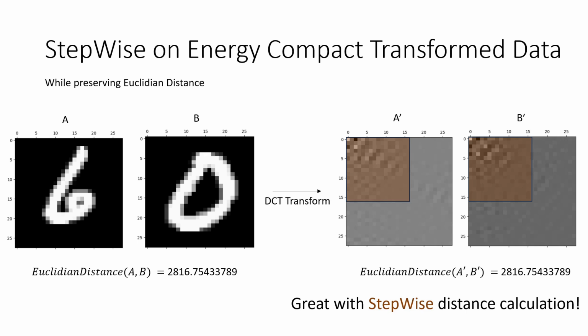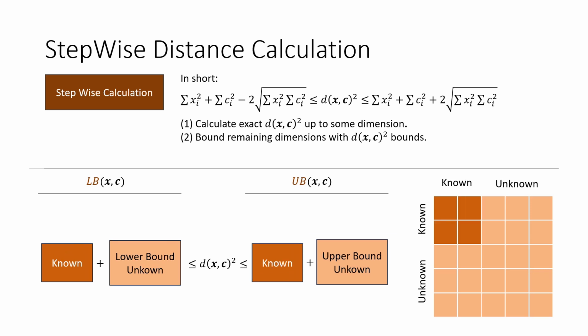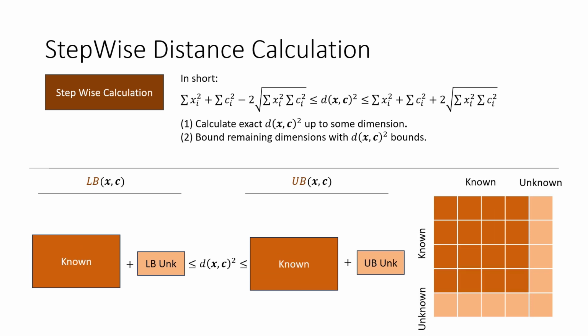The quick description of how we do this is that we can bound the squared distance, where basically by calculating a small bit and maintaining the bound on the rest, we can get a lower bound and upper bound on the squared distance. And if that is not good enough, we can just expand the exact calculation a bit and keep going if needed until we know the full distance.